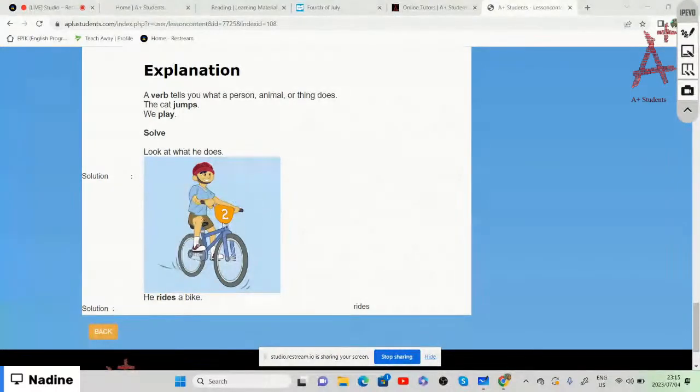So in this case, this picture that we see over here, he rides a bike, right? Which means that it is a person that is riding a bike. So what does he do, right? He rides a bike, right? Or we can say the cat jumps, shows an animal, or we can refer to something as a thing or something that does something. But anything that shows action, right, that is a verb.